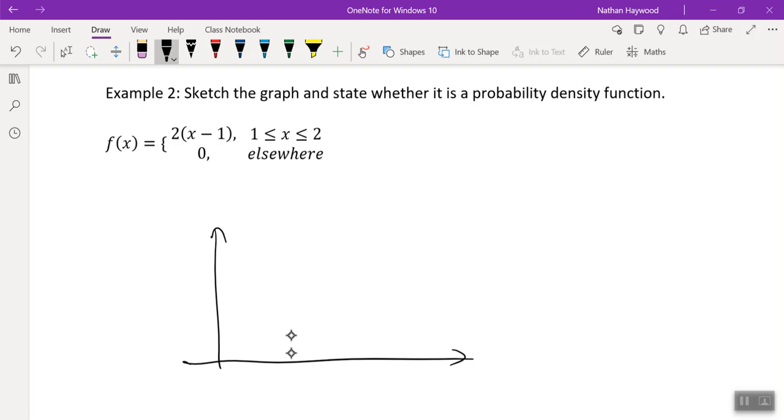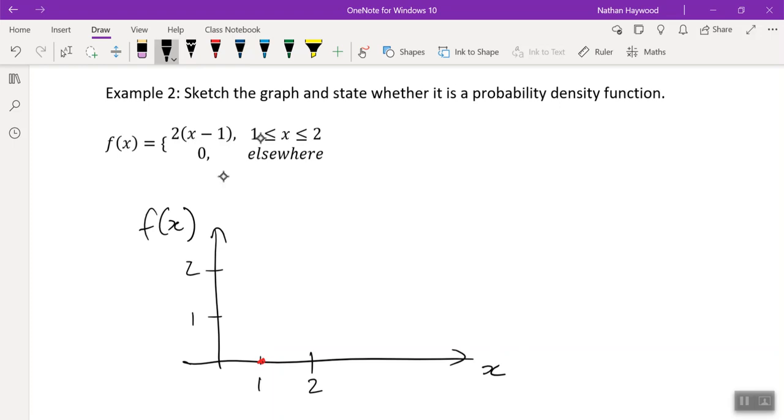So it starts at x equal to 1. So if we sub in 1, we will get 0. I probably should put the axes labels. So here, x equals 1.